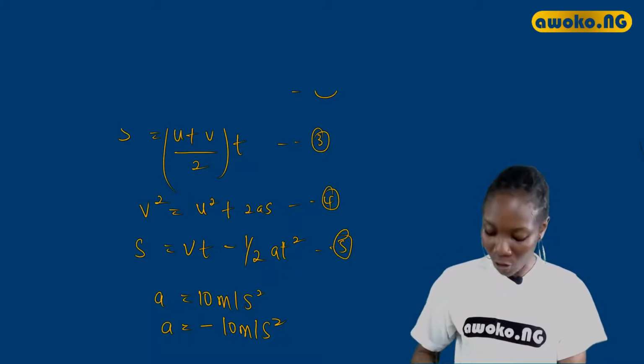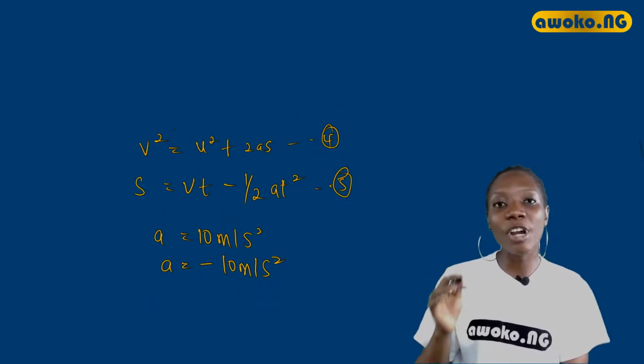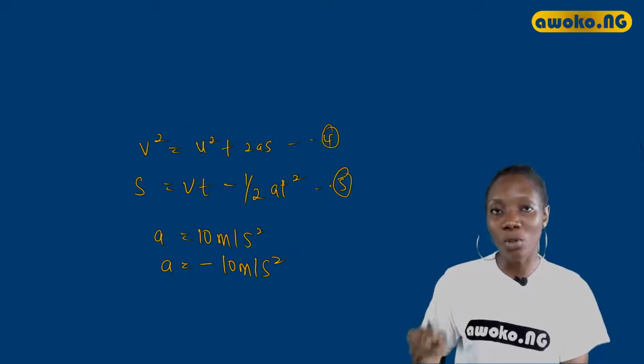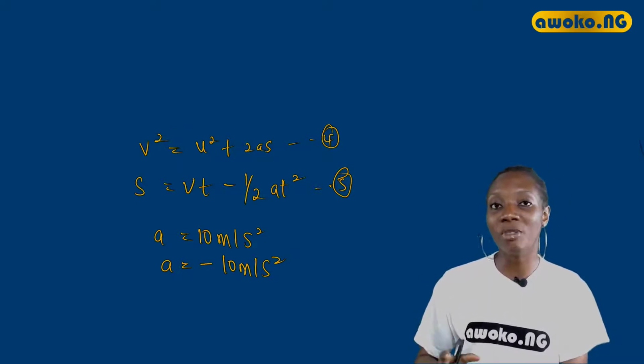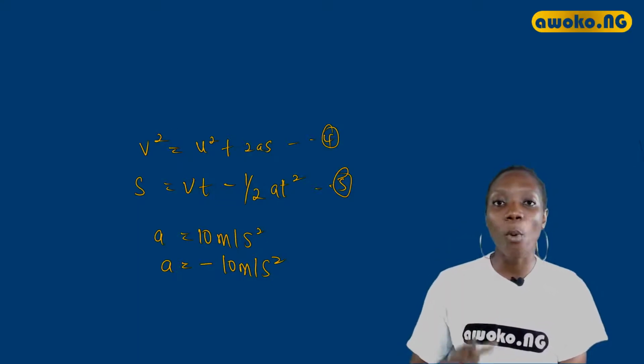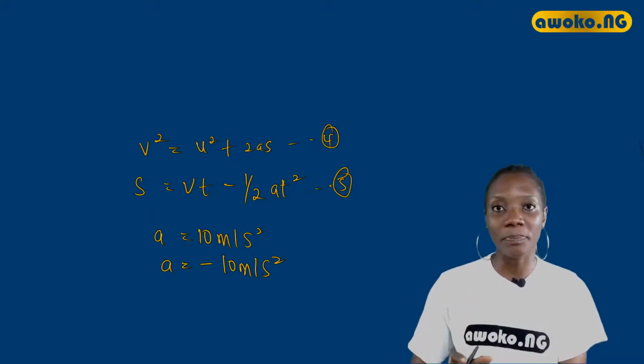Or you can just simply say that the deceleration is 10 meters per second squared. Deceleration is still acceleration, though it's just a decrease in the velocity, while acceleration is an increase in the velocity, right?